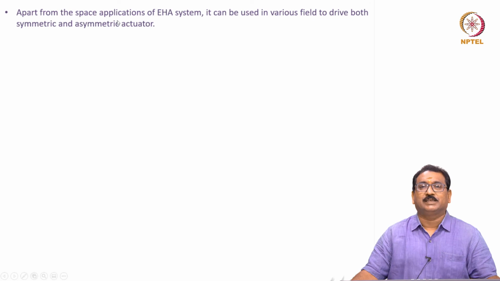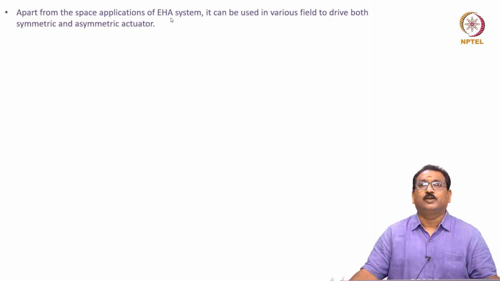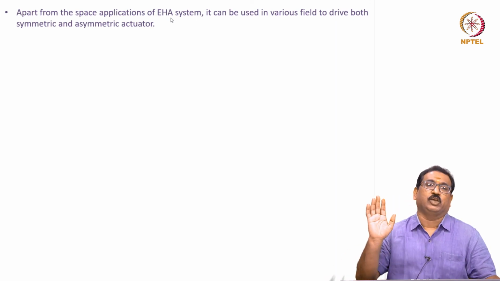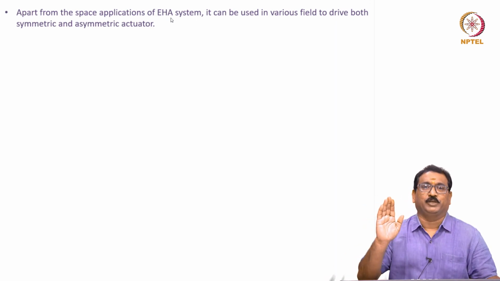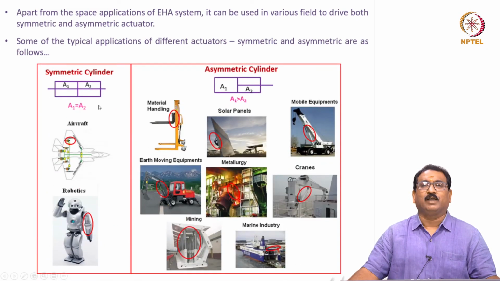Apart from the space applications of the EHA system, it can be used in various fields to drive both symmetric and asymmetric actuators, not only in aerospace. Now, we will see some of the typical applications of different actuators, symmetric and asymmetric, as follows.